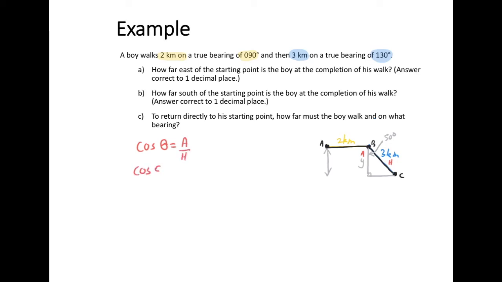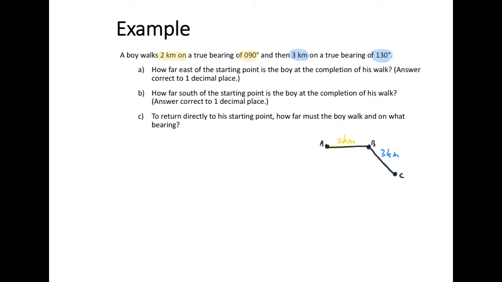So cos of 50, substituting in my values, is going to be y over 3. So y is going to equal 3 times cos 50. Putting that into my calculator, I know that y is equal to 1.9 kilometers. So the boy is 1.9 kilometers south from his original starting point when he finishes the walk.